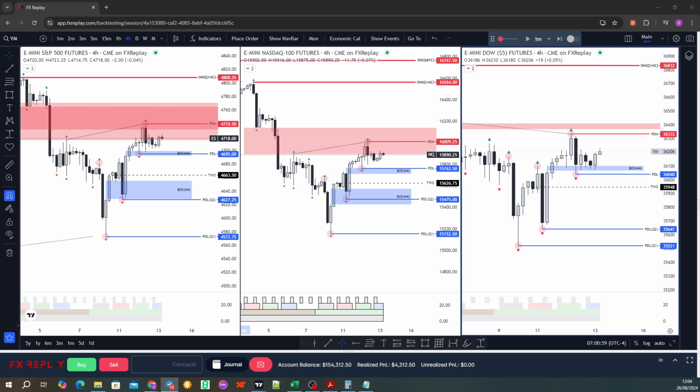SP, I've noted clean and clear swing points formed by a 3 candle formation.